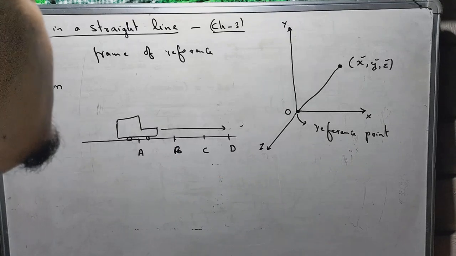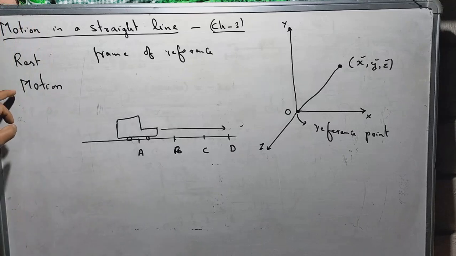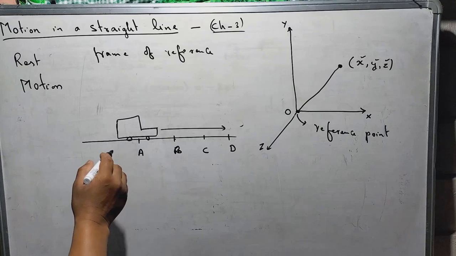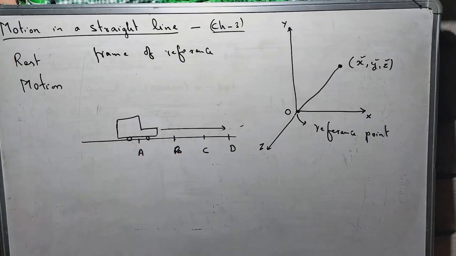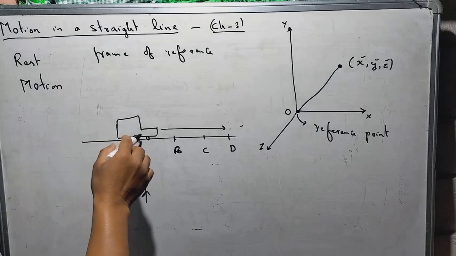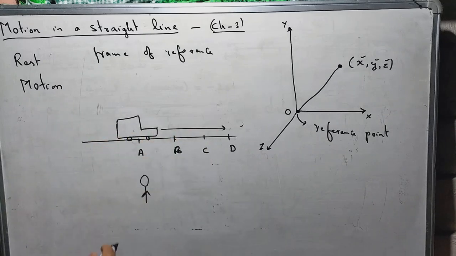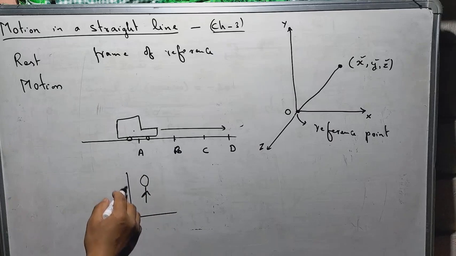Now, rest and motion are relative to each other. For example, consider again a car moving along a straight road. If a person is standing on the roadside, he observes the car is in motion, because with respect to this person, this is the frame of reference.